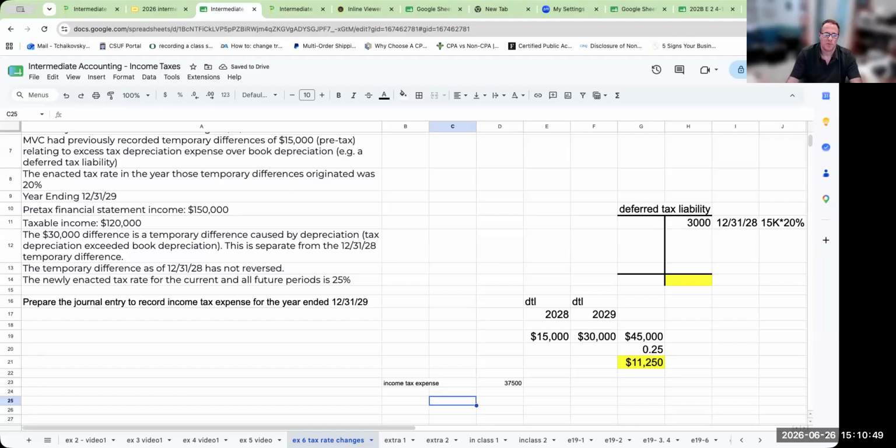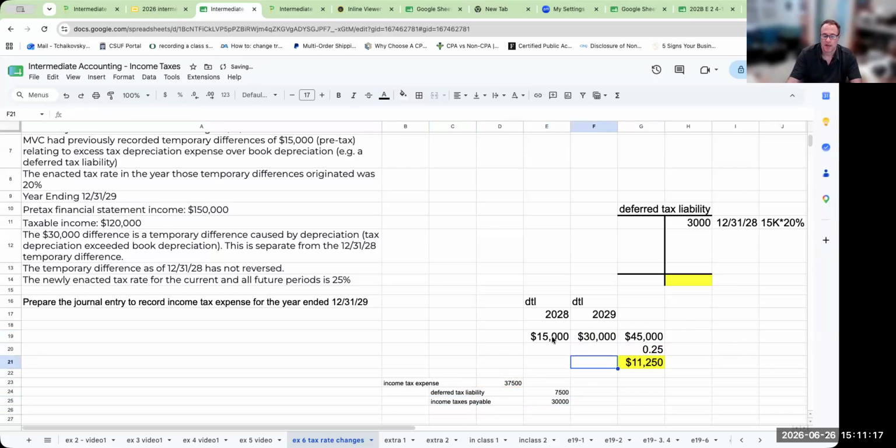And let's just pretend for a moment that we just have this. Then I have income taxes payable. This is going to be 120,000 times 0.25 because that is the new tax rate. And then we would have over here a deferred tax liability for the difference, of 7,500. Because if we ignore this and just look at this, this is going to be 7,500 bucks.